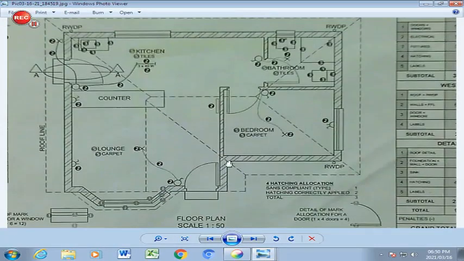Then also you have your fixtures which will be there according to the correct scale of 1:50 and the correct sanitary symbols, and then of course also the electrical components that you will find all around your house, indicated by the numbers provided on the instruction sheet.